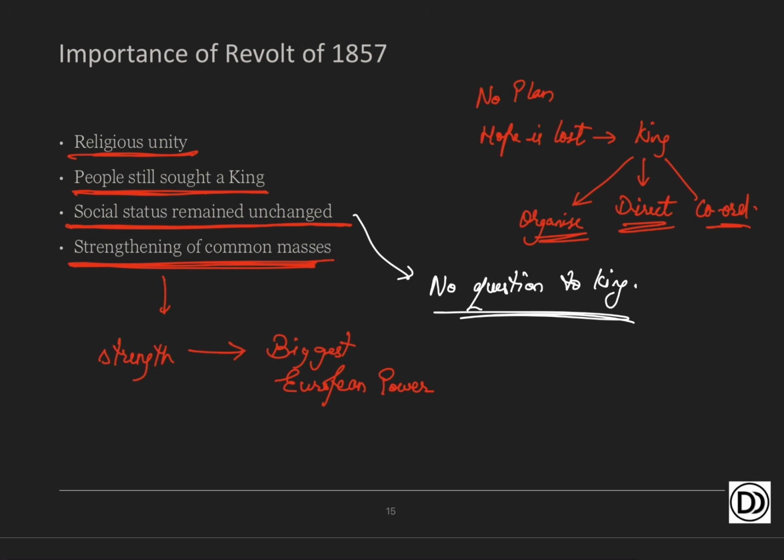Although the revolt was led by the sepoys, the participation of common people was more. I will give you an example: in Awadh, during the revolt, 1,50,000 people died fighting the British.